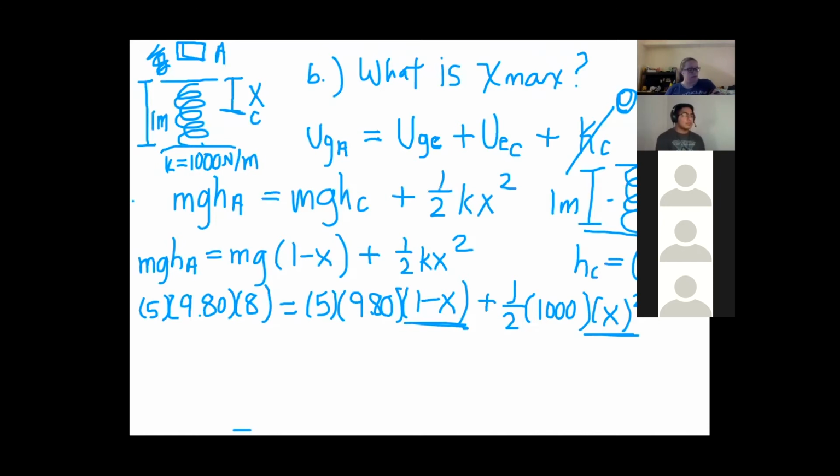So if we rearrange this, we get 500 x squared minus 49x minus 343 equals 0. So this is our A, B, and C values, which we will plug into our quadratic formula. So I will clear the whiteboard to give us a little bit more space to work.